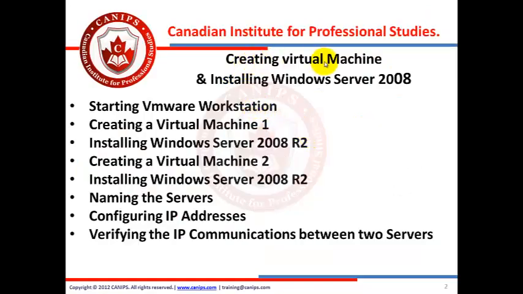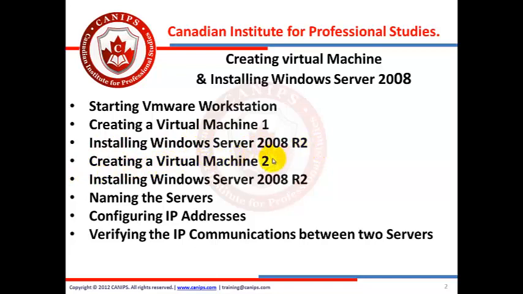In this video, I'm going to show you creating virtual machines using VMware Workstation and installing our first two Server 2008 R2. So we'll be going through starting VMware Workstation, creating a new virtual machine, which is machine number one, installing Server 2008 R2.